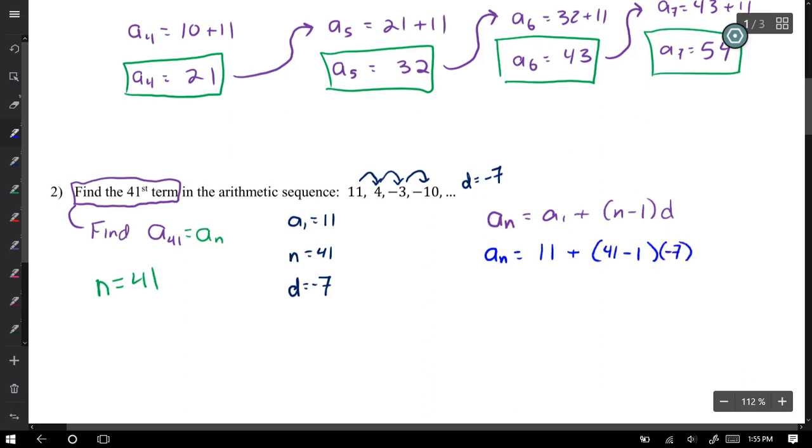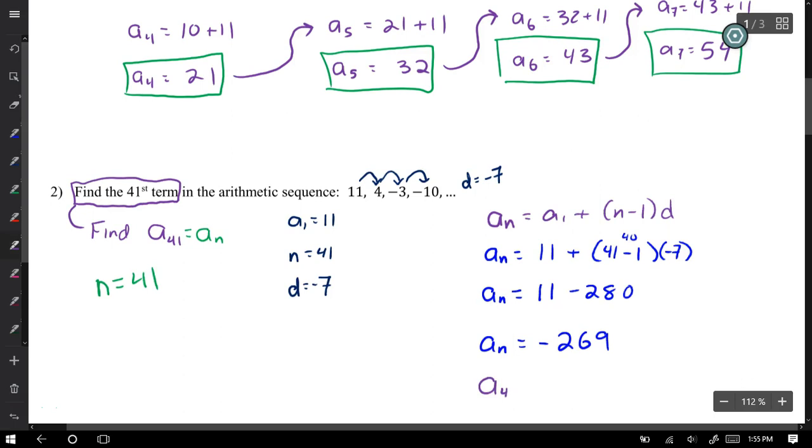So this is actually really good for us because all we have left is this one variable. So I have 11, and 41 minus 1 is 40. 40 times negative 7 is negative 280. So my a sub n is going to be negative 269 for this. And my n, we said right away, is 41.